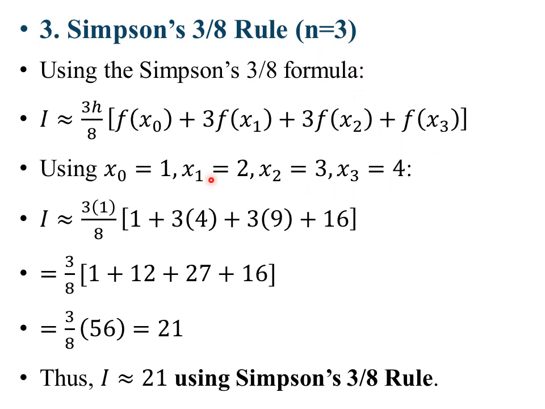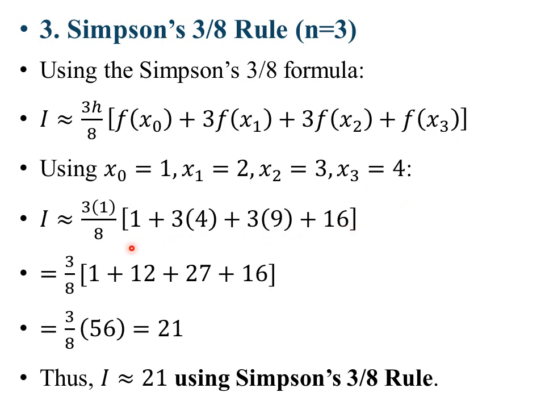It means we use these values. 3 upon 8, the value of h is 1, times [f of x0, which is 1, plus 3 times f of x1, the first value of the function, plus 3 times f of x2, the second value of the function, plus f of x3, which you get as 16].